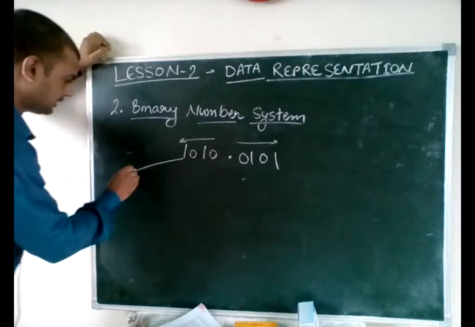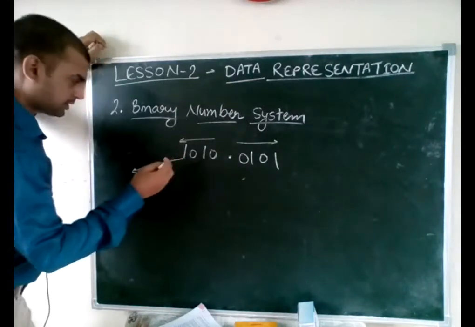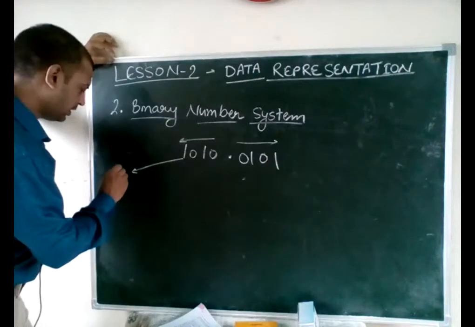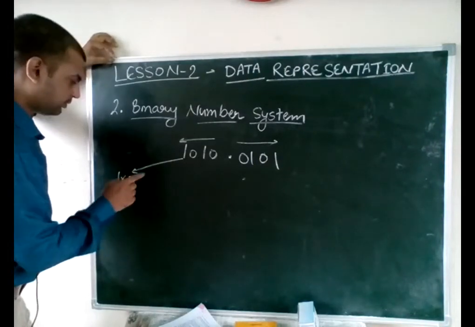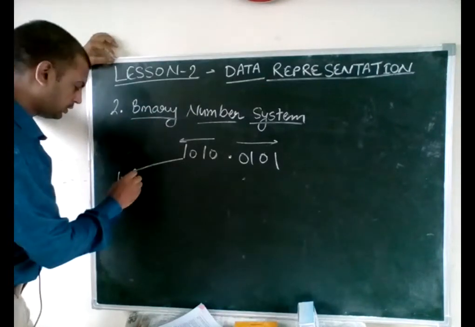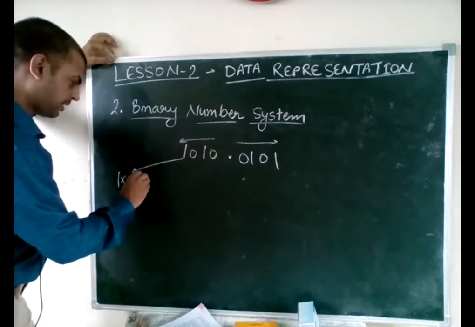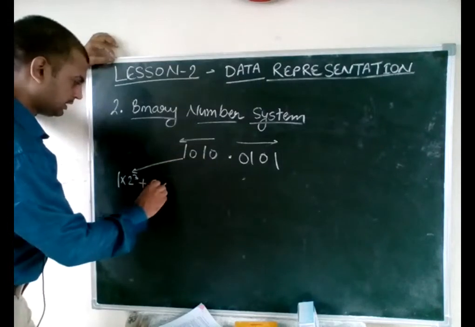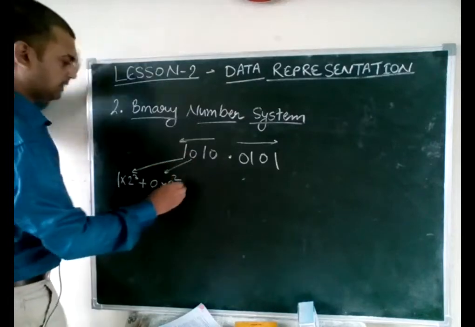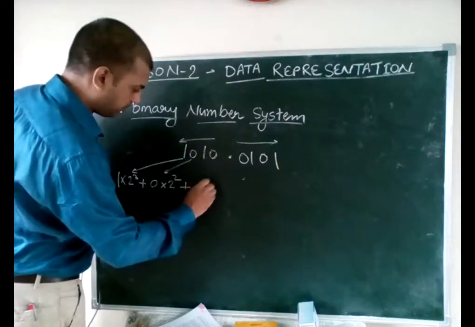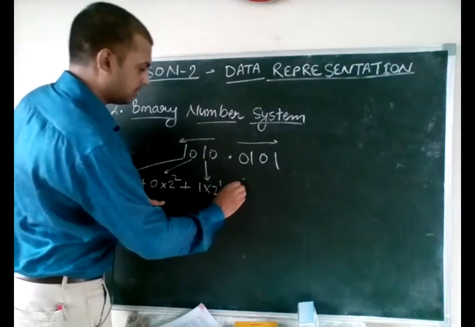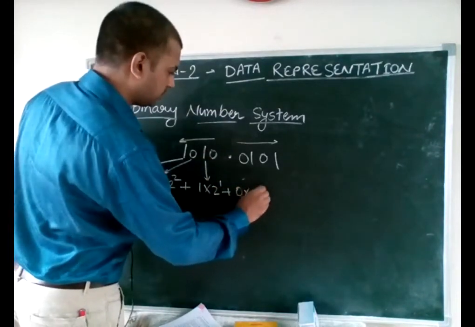We will write this one, first count the number: 1 2 3 4, four digits, so we will start it from 3. So 1 into 2, we will take the base of this binary number. Base of this binary number is 2, so 1 into 2 to the power 3 plus 0 into 2 to the power 2, then plus 1 into 2 to the power 1 plus 0 into 2 to the power 0.